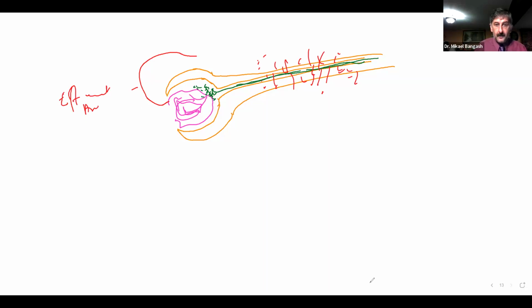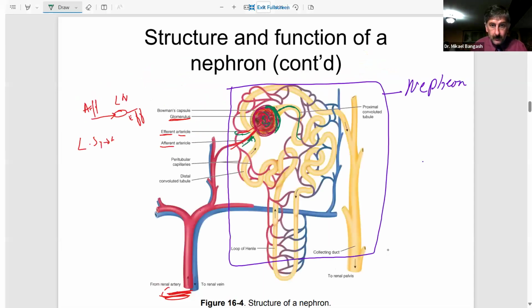So the first part of our tubular system in our nephron is going to be our proximal tubule, or proximal convoluted tubule.